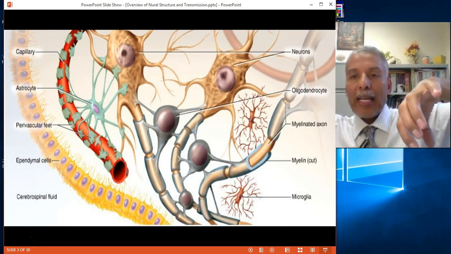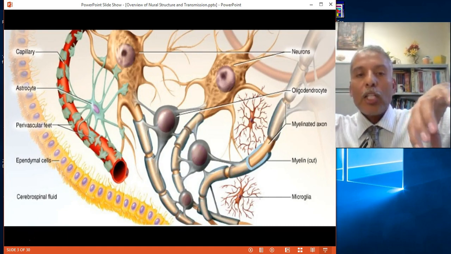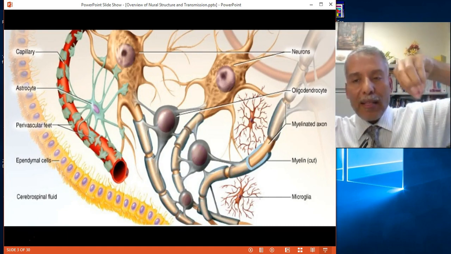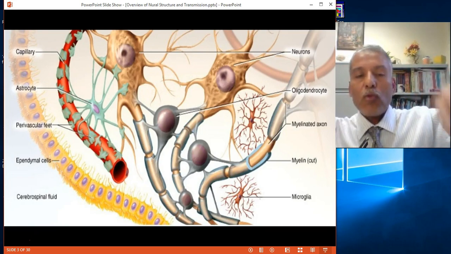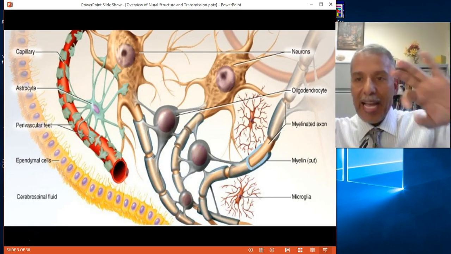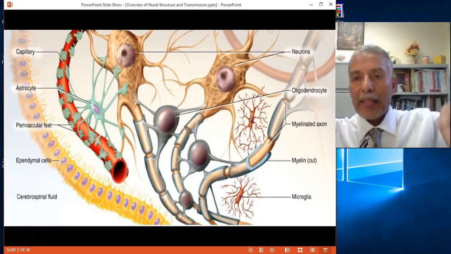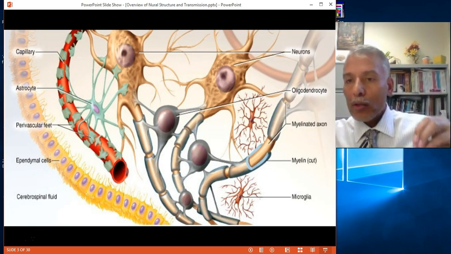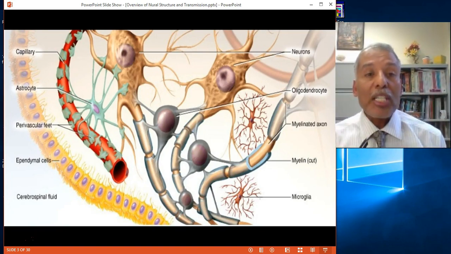On the other side, it has also pods connecting onto a neuron. So what it does, it gets the food that the neuron needs, just exactly what it needs, glucose and other things, and it passes them on to the neuron. So it nourishes, it feeds the neuron.